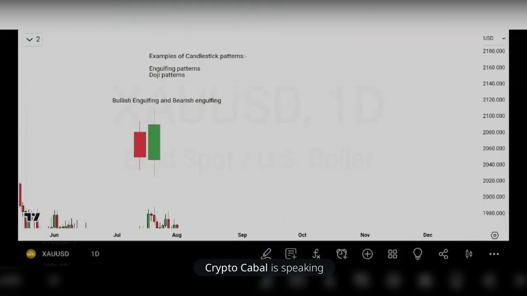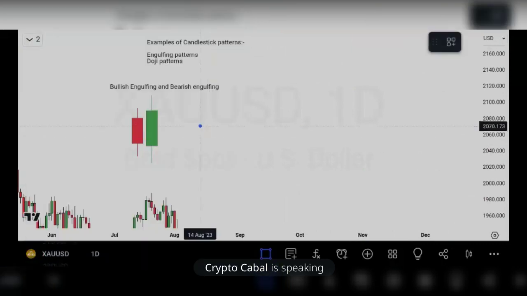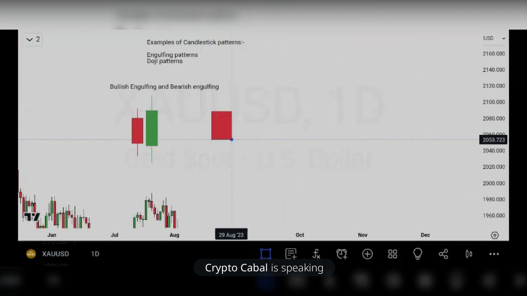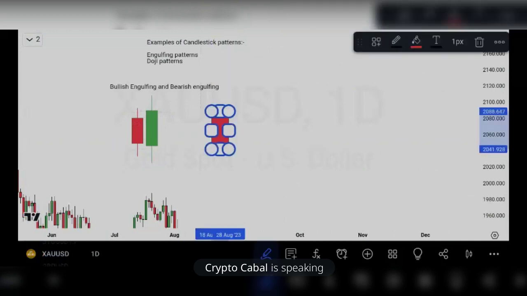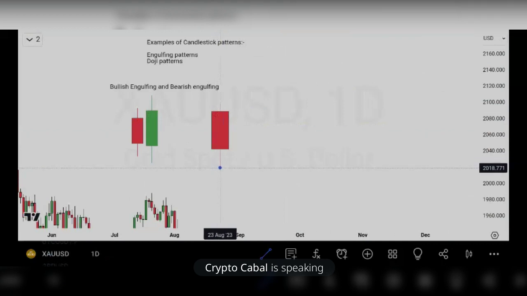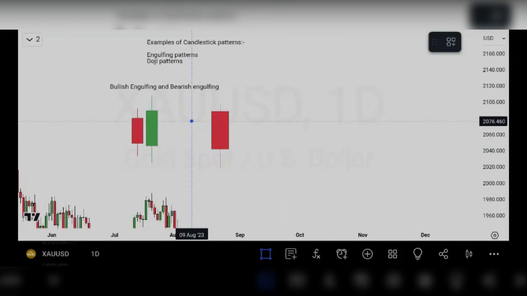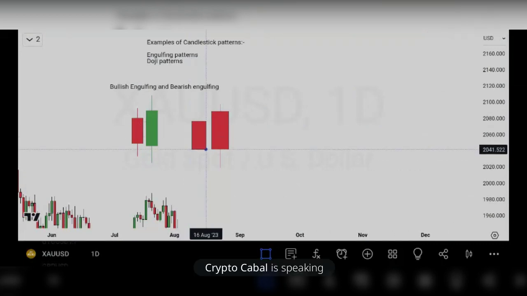Now we have the bearish engulfing. When we talk about the bearish engulfing, what comes to your mind? We have the red candle bigger than the green candle. This is the red candle. Then we have the green candle.